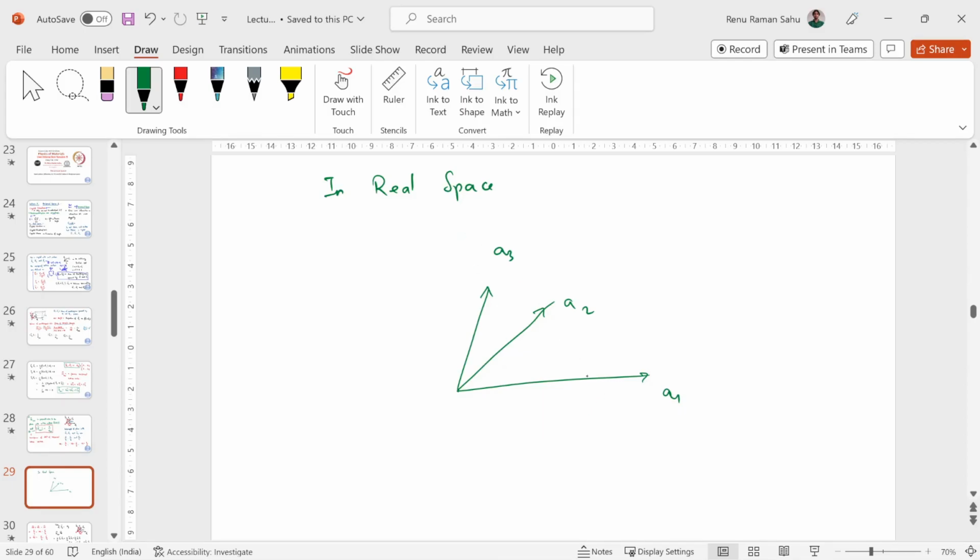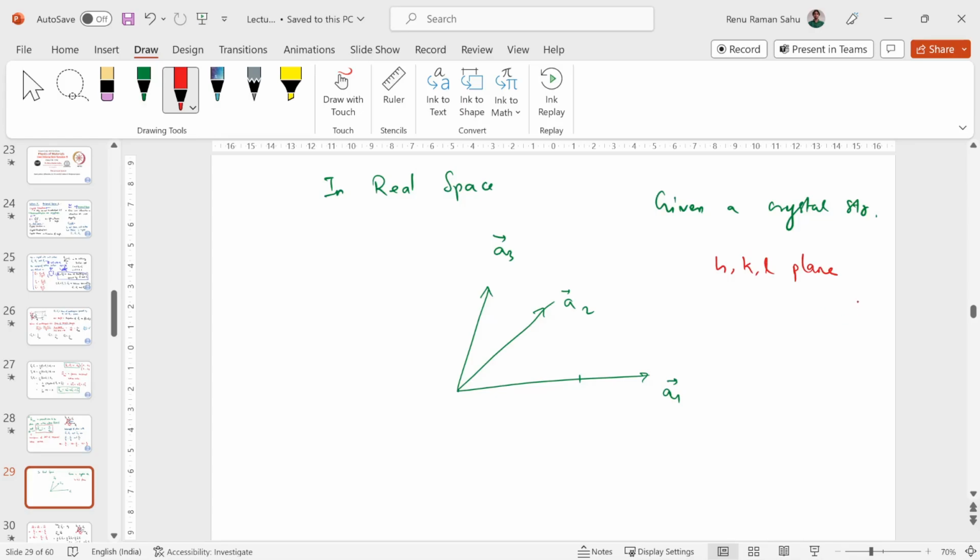Now you define a plane which cuts this a1. So how do you know this a1, a2, a3? Given a crystal structure, you have this a1, a2 and a3. Now you want to find what is the hkl plane.